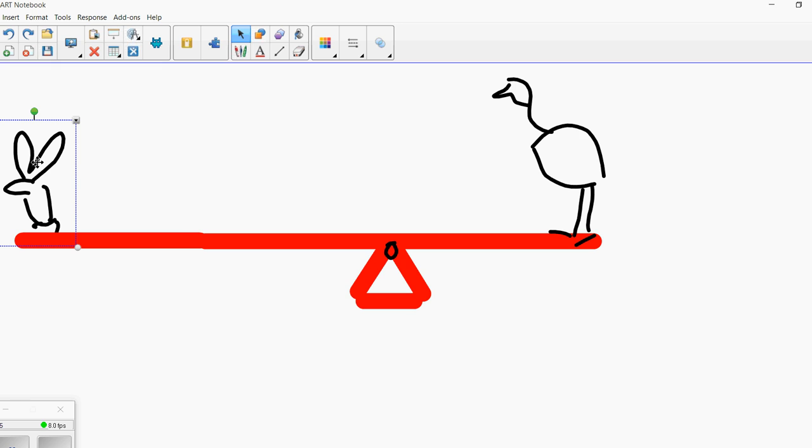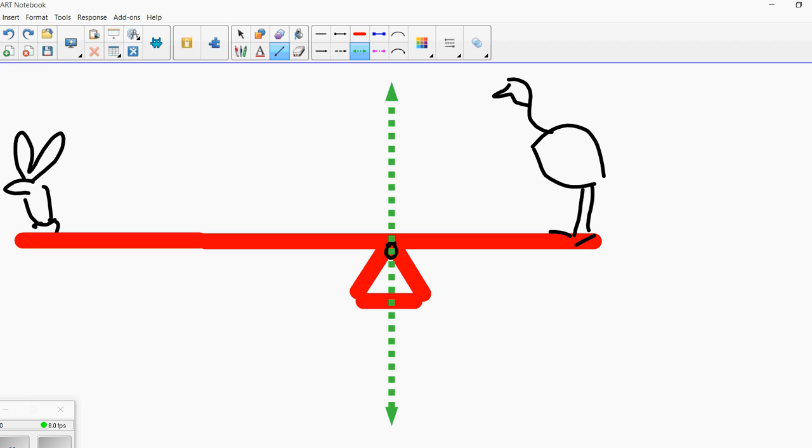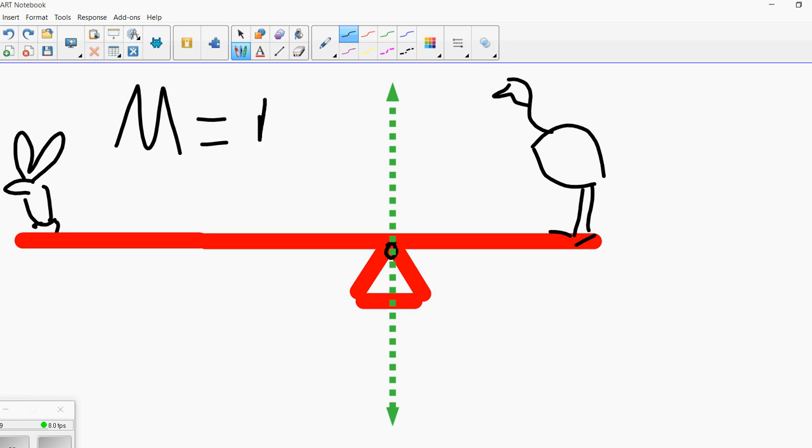So to answer those questions, we need to calculate what we call the moment on the left side. So let's draw an imaginary line that divides this in half. So on the left, we are going to calculate the moment, which is the force times the distance. Now, which force?